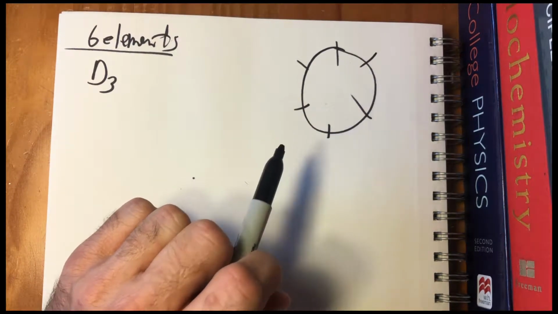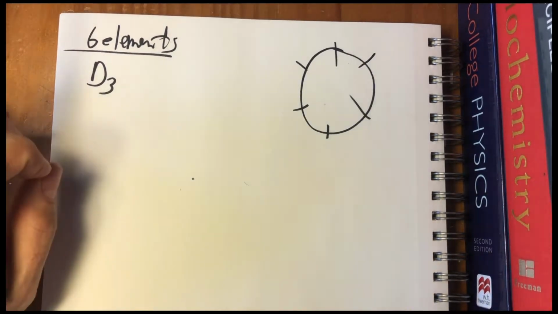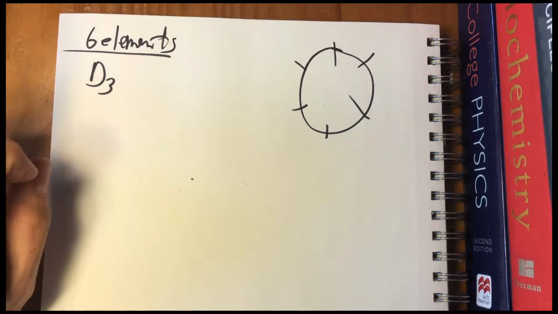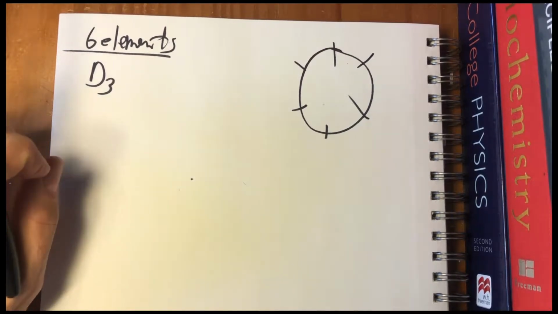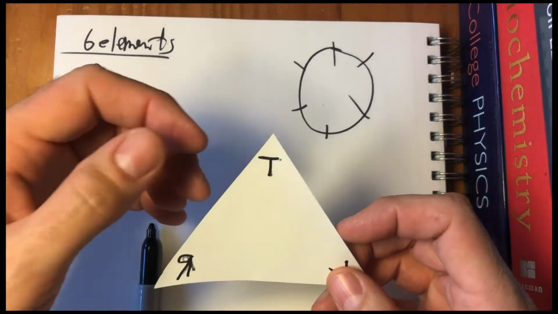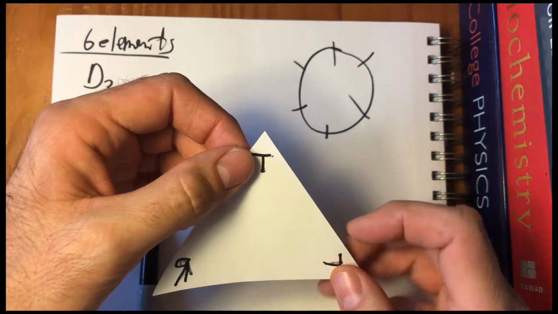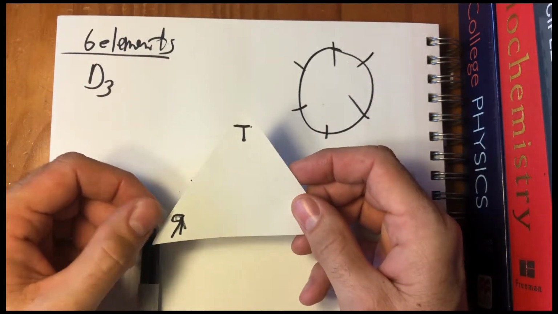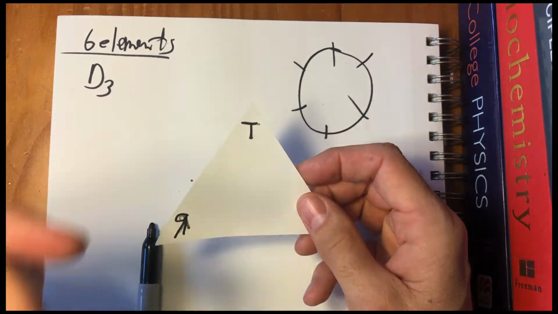And this is the first group that is not commutative. It's the smallest group that we can make that is not commutative. So the way it works is it's basically the rotations and the flips that you can do to a triangle.